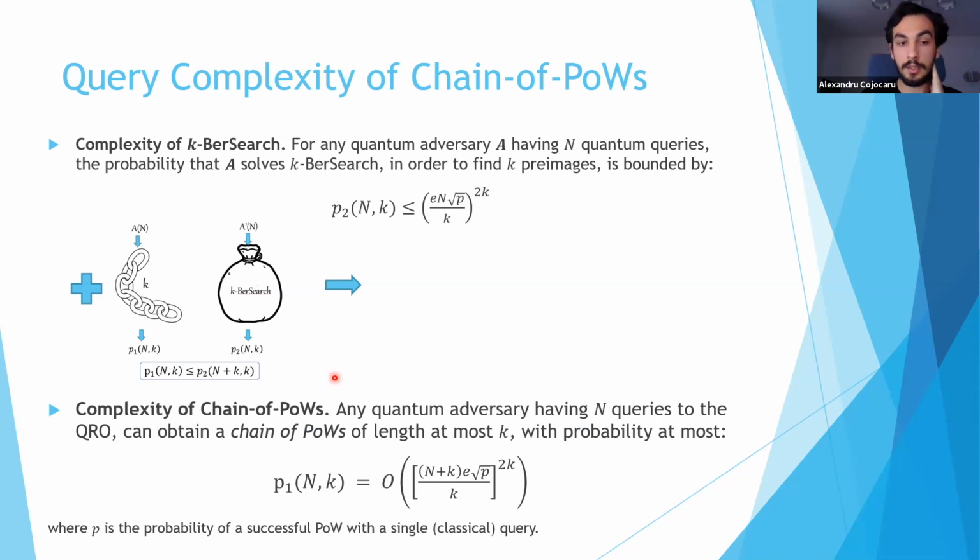Specifically, we know that any quantum adversary having n quantum queries can obtain a chain of pose of length at most k with this probability over here, where we recall that the p appearing here refers to the probability of a successful proof of work using a single classical query.